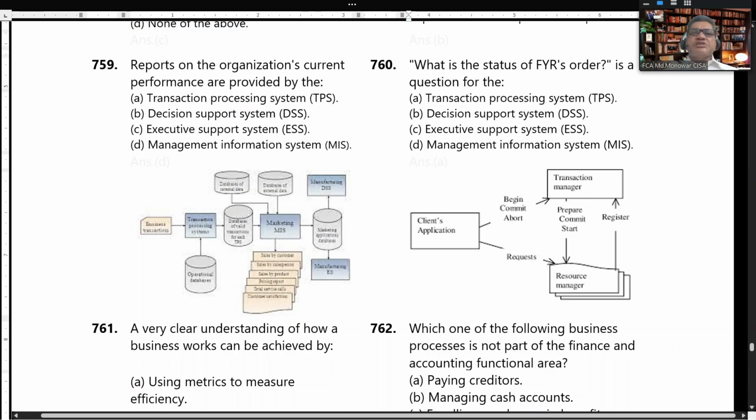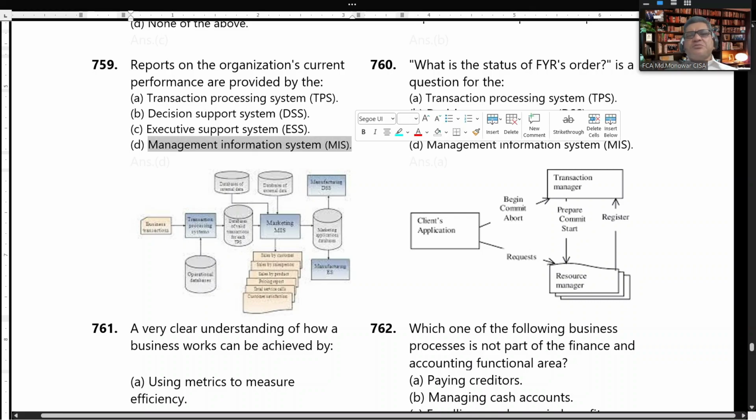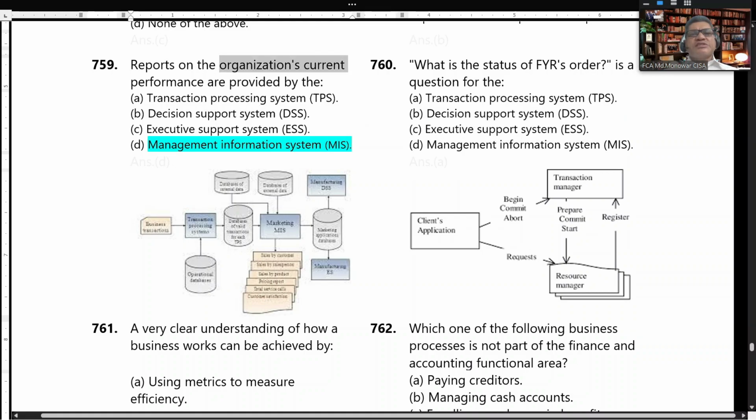Reports on the organization's current performance are provided by the Management Information System, MIS.